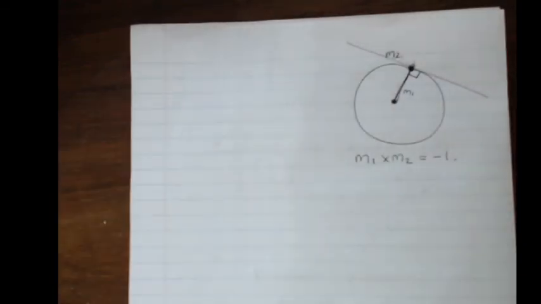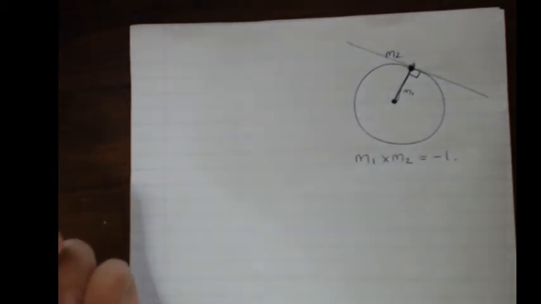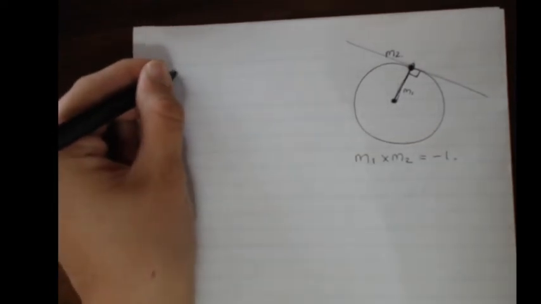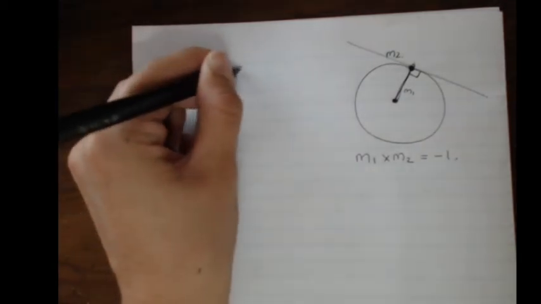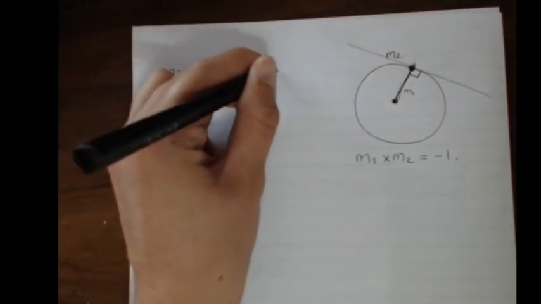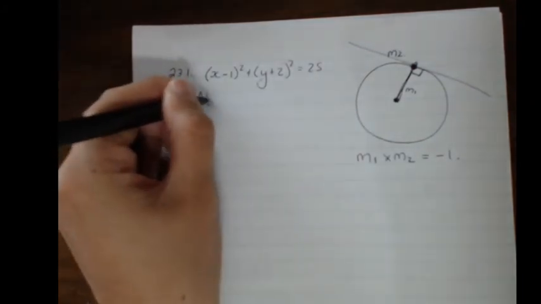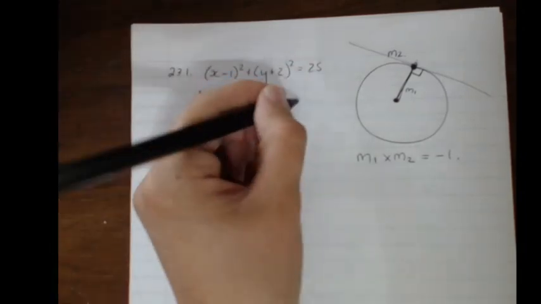Okay, so this is what the question looks like. It says, 23.1: determine the equation of the tangent that touches the circle defined by (x − 1)² + (y + 2)² = 25 at the point (4, 2).